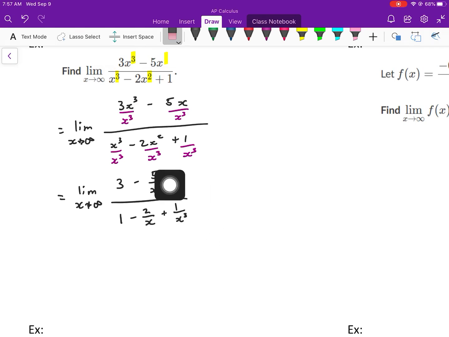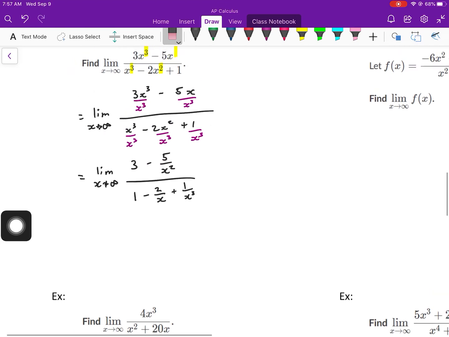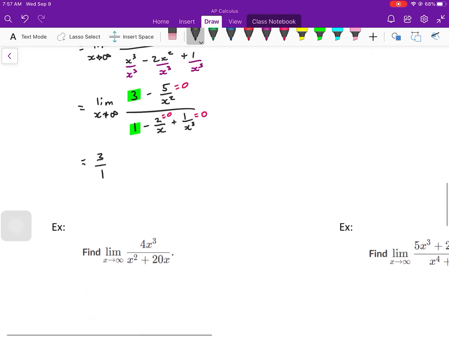Infinity cubed, even bigger, right? So this is going to be 0, this is going to be 0, this is going to be 0. Those are just going to 0 out. And we're going to be left with 3 over 1. And that's how you evaluate these, which is just going to be 3.